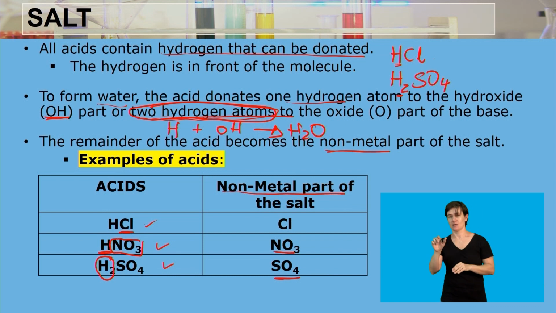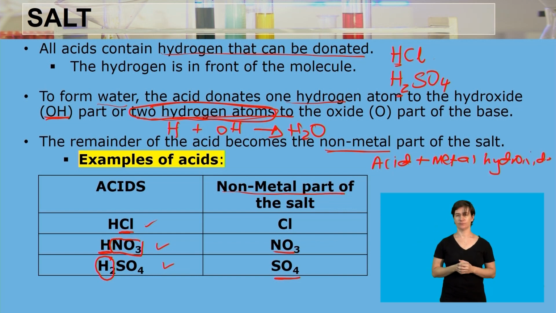Because an acid reacting with a metal hydroxide will always give salt and water. So when sulfuric acid reacts with the metal hydroxide, the H part of the acid is donated to the metal hydroxide, and the metal hydroxide also donates its OH.